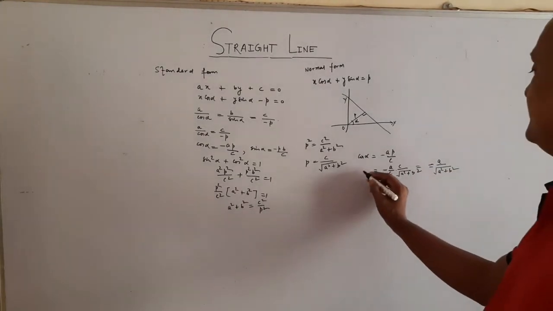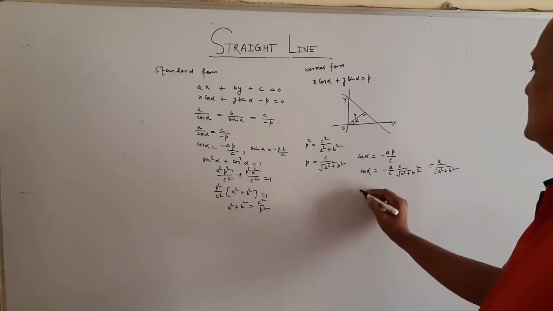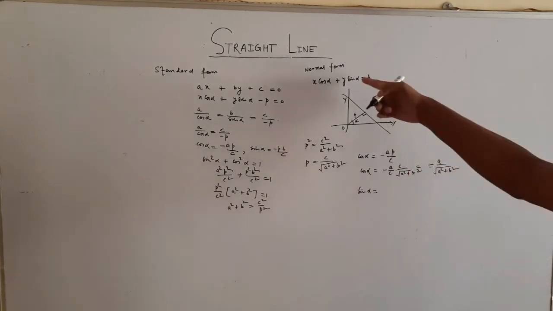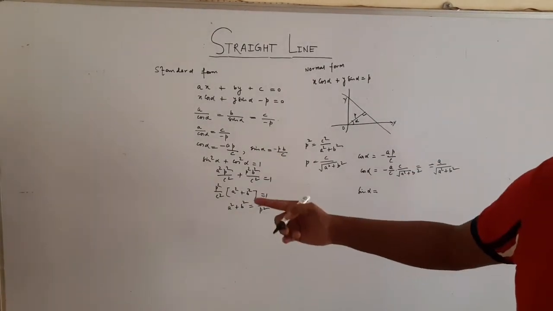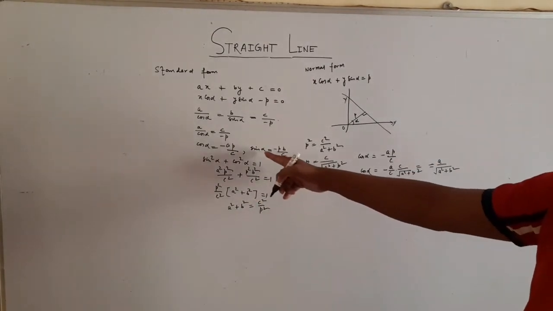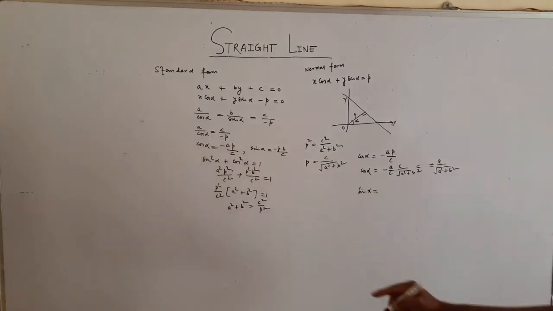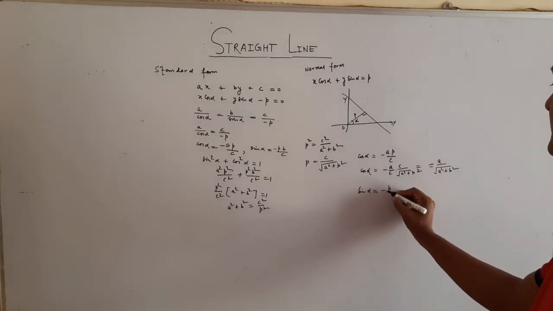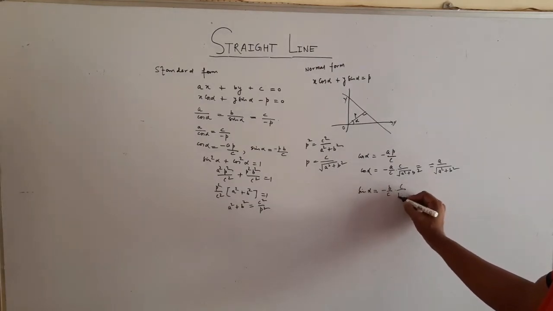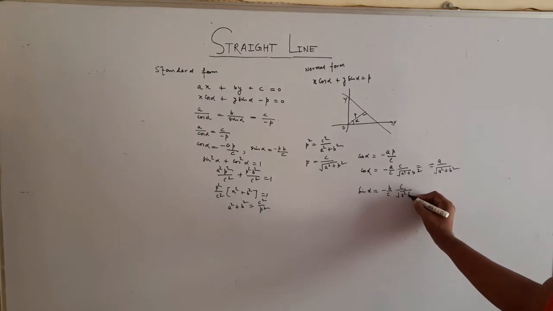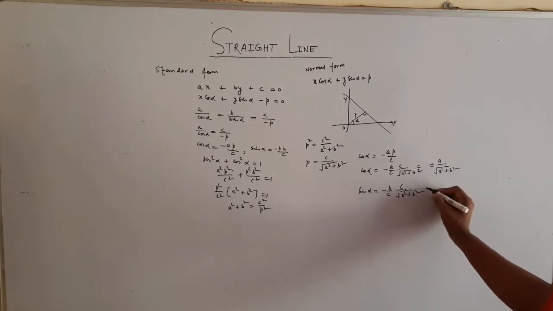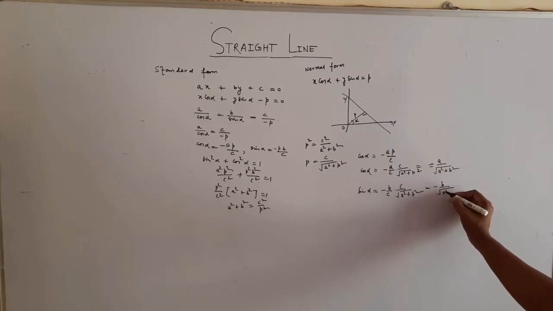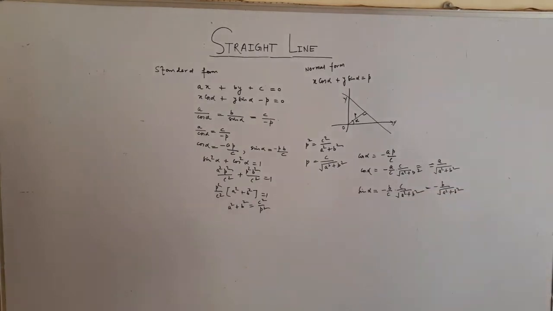This is your cos alpha, and sin alpha is minus pb upon c, so this will become minus b upon c into c upon under root a square plus b square, and this is minus b upon under root a square plus b square.